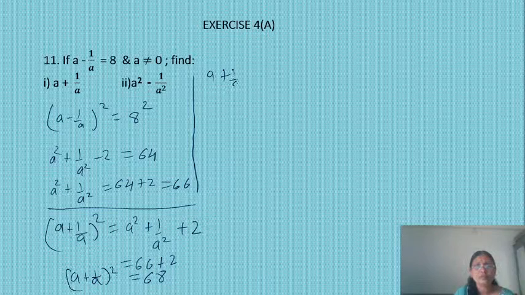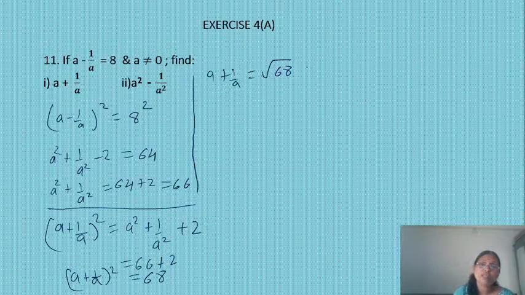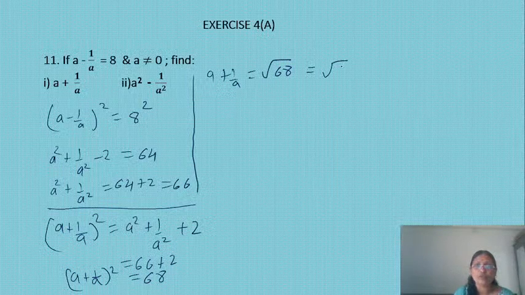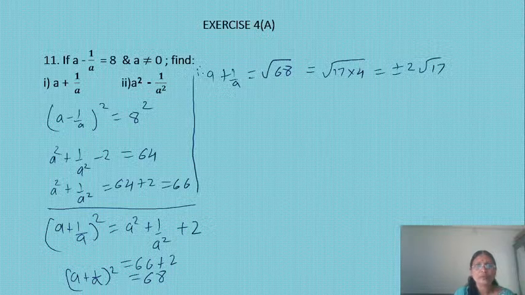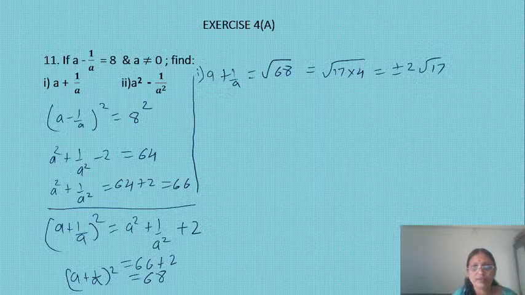So a plus 1 upon a is equal to square root of 68. Now 68 is 17 multiplied by 4. The perfect square is 4, so when it comes out, it is 2. So this becomes plus or minus 2 root 17. So this is how we got the first one, that is a plus 1 upon a is equal to plus or minus 2 root 17.